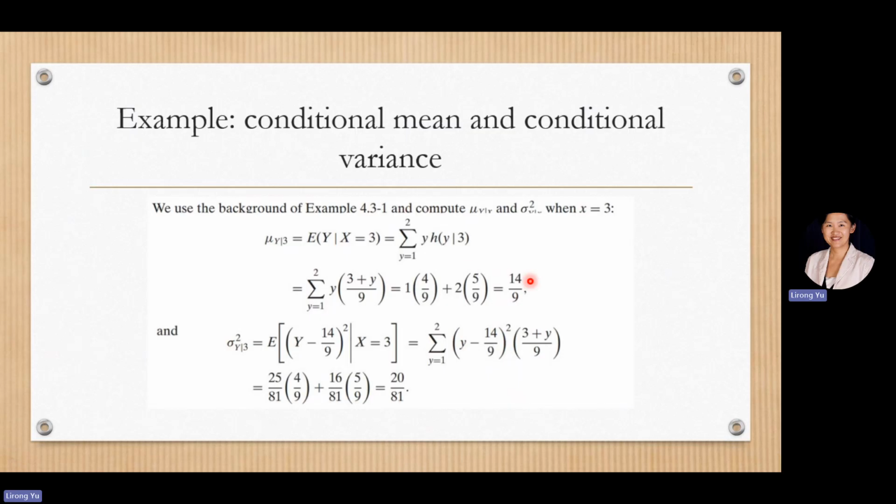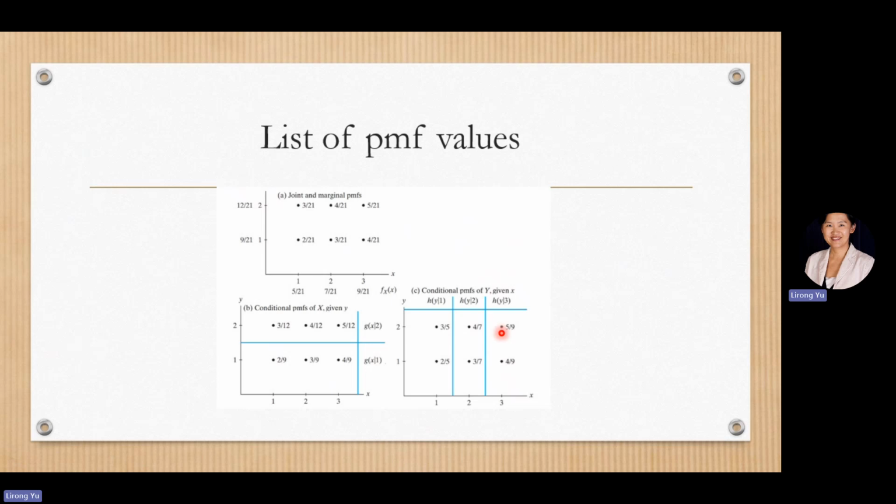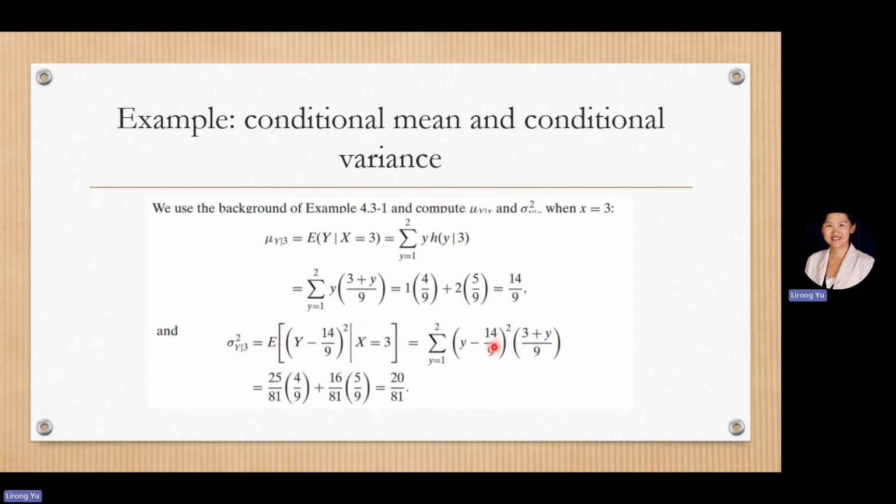Now, if we want to find the variance, it will be the same. You will assume that the distribution for y has these 2 values. So we would be using 5 over 9 and 4 over 9 as our probability values. And then you're going to take y minus 14 over 9.